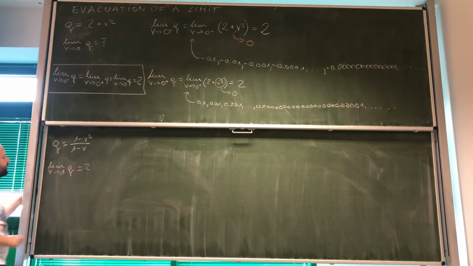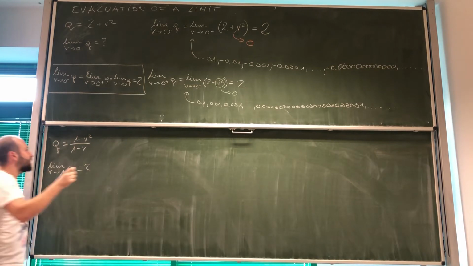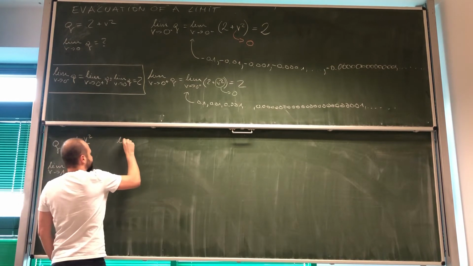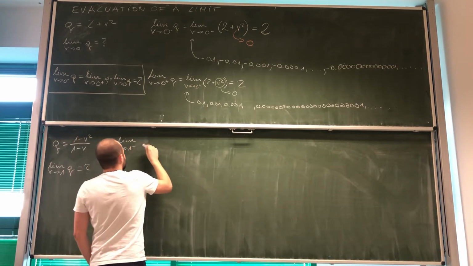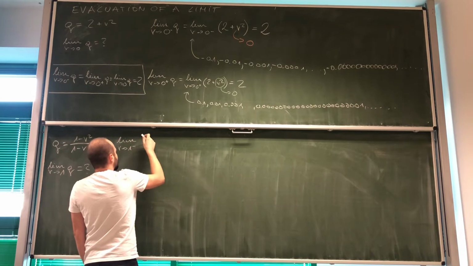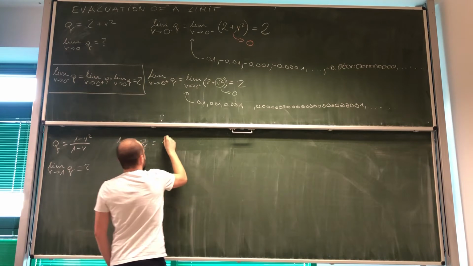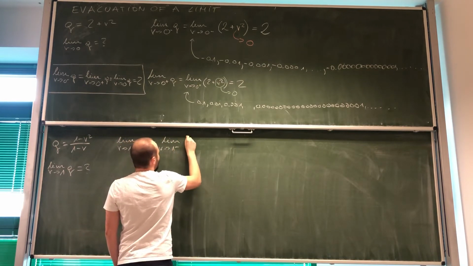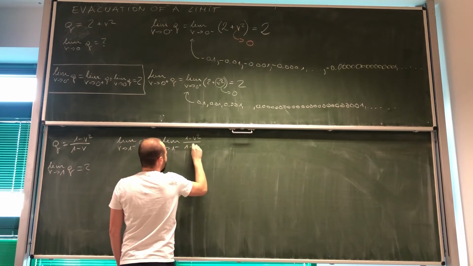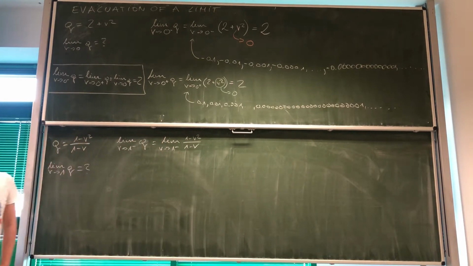So we need to figure out how much it is, or whether it exists. Okay, and again, we can try doing the same thing. We can calculate the left-hand side limit, so the limit with v approaching 1 from the left-hand side of 1 minus v squared over 1 minus v.